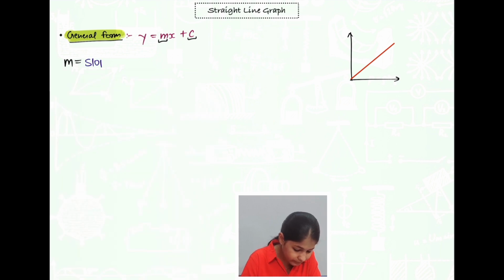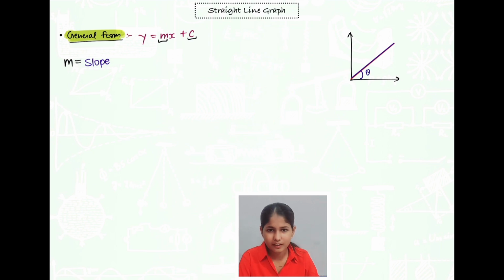So m is slope here. Now, if you consider a slope, here you can see this is also a slope. If I ask what is the measure of this slope, you will say that its angle is theta. So what is the value of this theta?